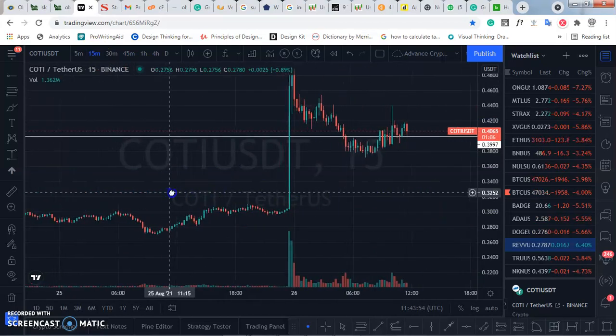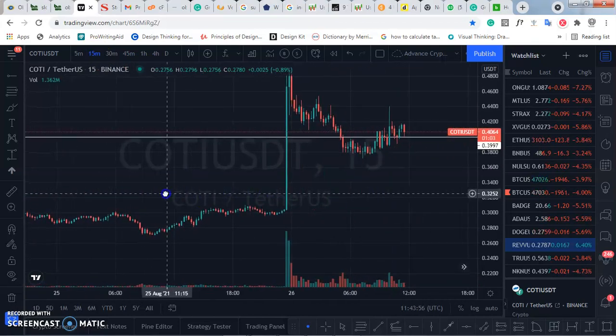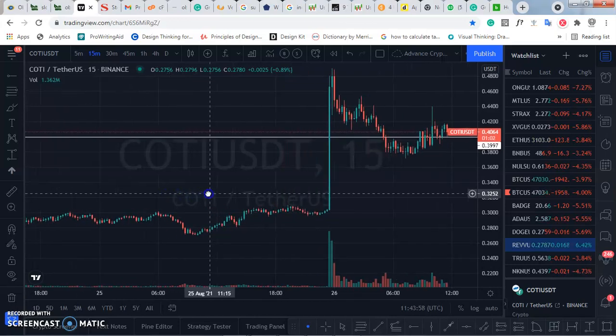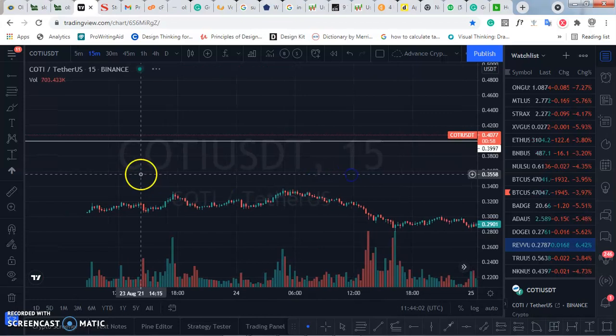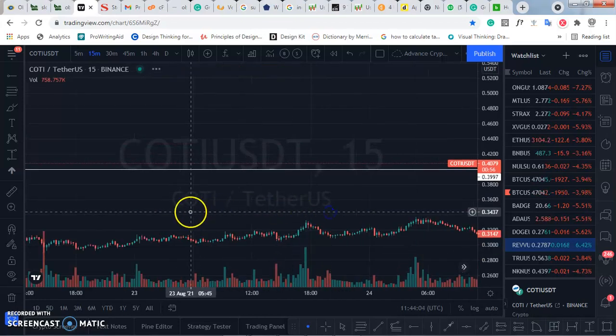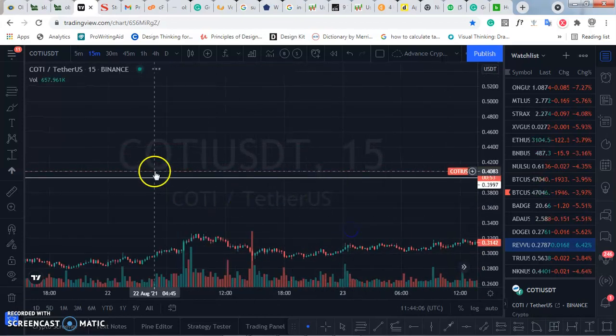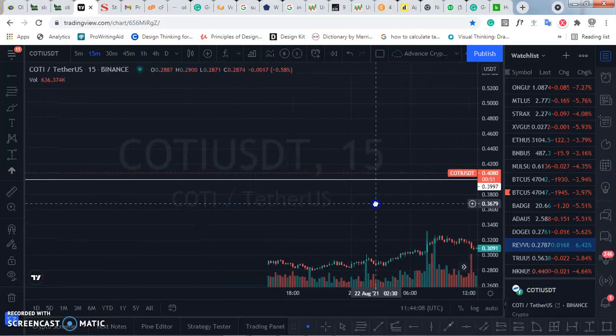On the 15 minutes time frame, we have to establish that you can see the point of resistance.